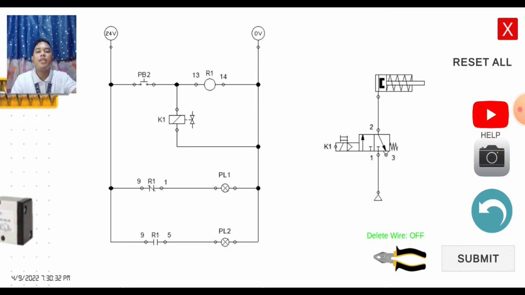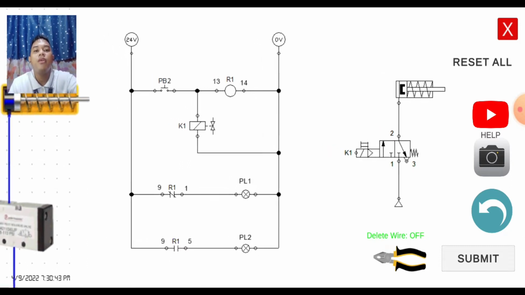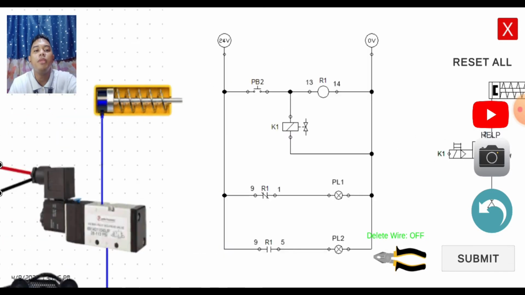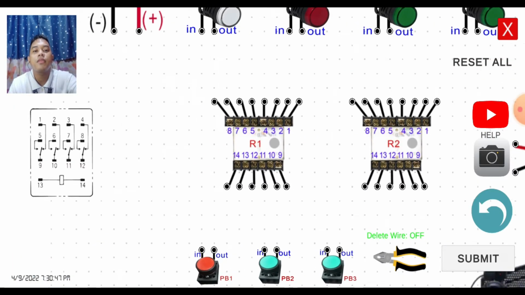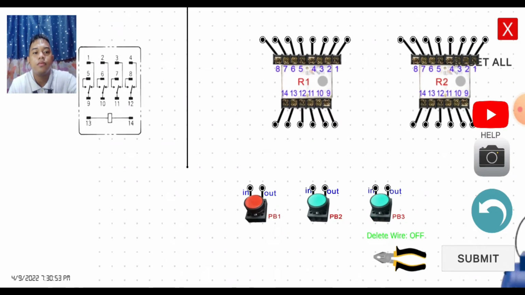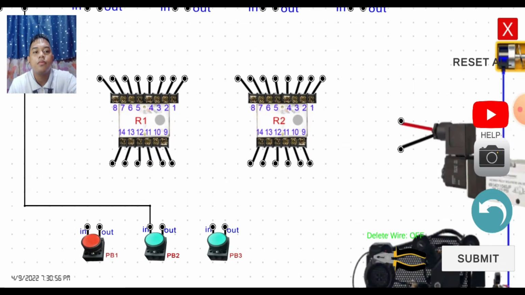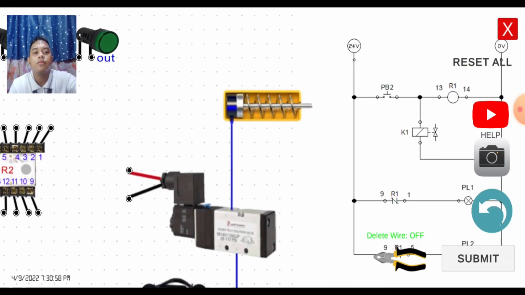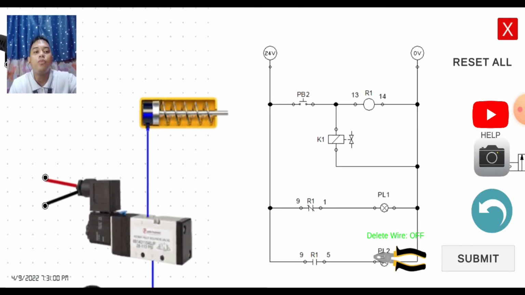So let's first wire this, then simulate it so that we will be able to see how it works in actual. Let's start wiring from 24 volts to the input of PB2. Positive to the input of PB2. Next, the output of PB2, connect it to the 13 of R1.